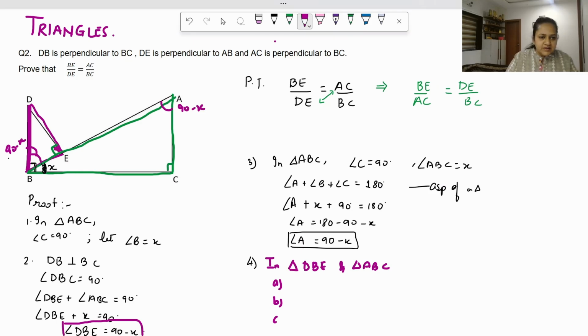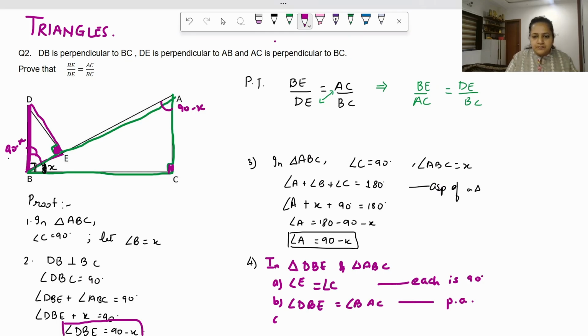Angle E is equal to angle C because each is 90, as they are perpendiculars. And we just now proved that angle DBE is equal to angle BAC. We proved above that A is 90 minus X and DBE is 90 minus X, so they are equal.